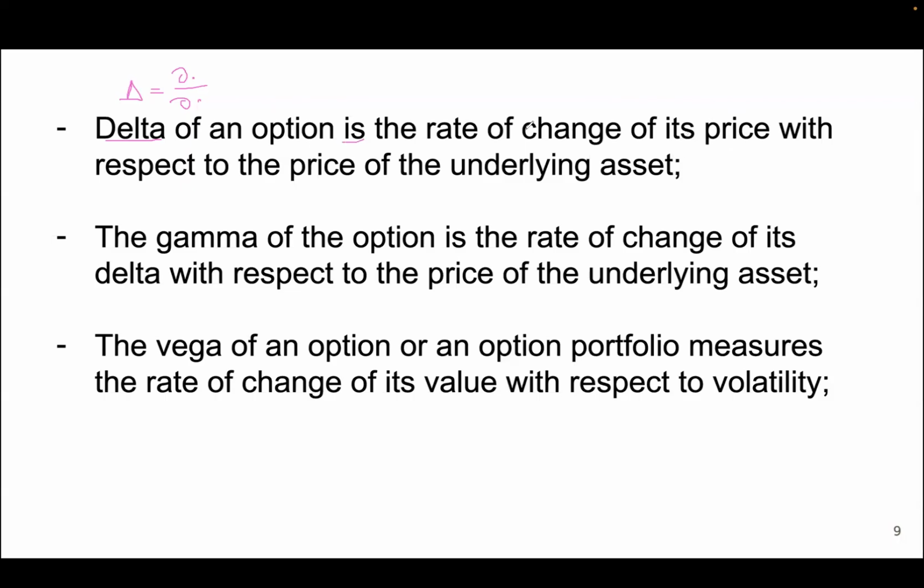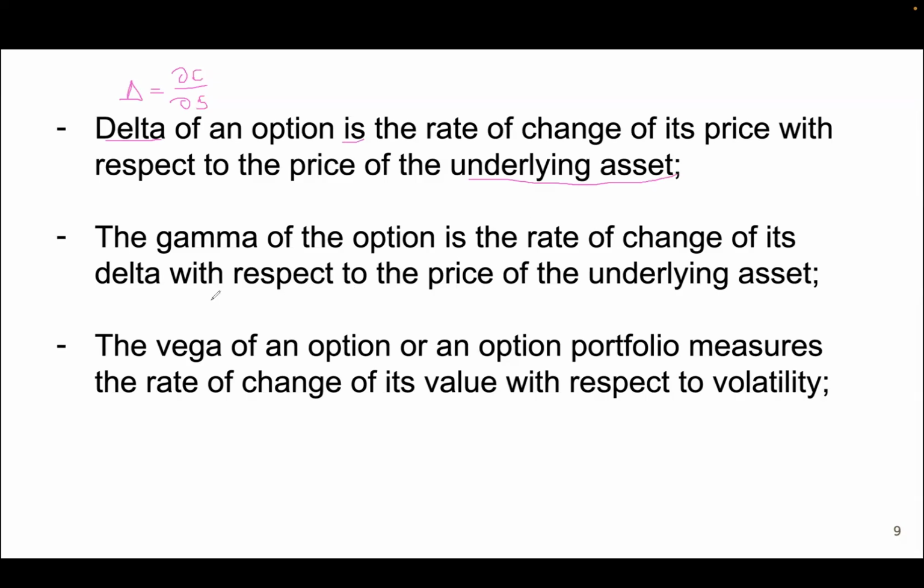Its price means the price of the option. How do we denote the price of the option? C. And with respect to the price of the underlying asset, which is S, the stock price. Exactly. So delta is this.